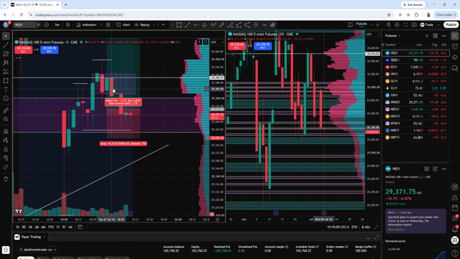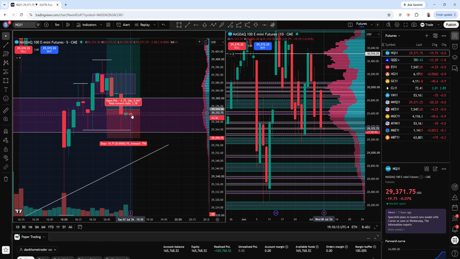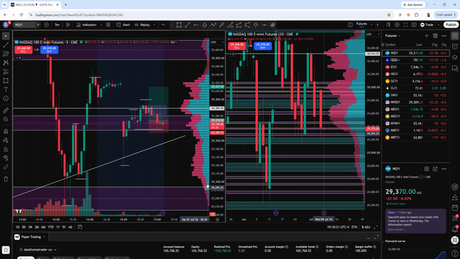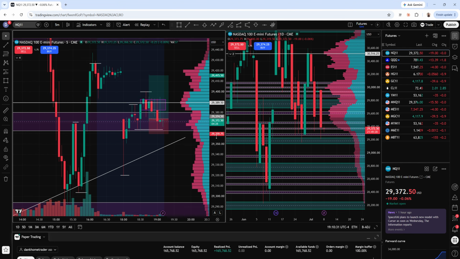So it looks like we might see a change down here for a short. Short's not valid until we close beneath the bodies here, in my opinion, and then maybe we retest some of the candle. But not seen it yet.